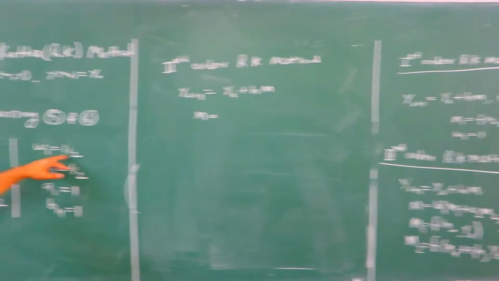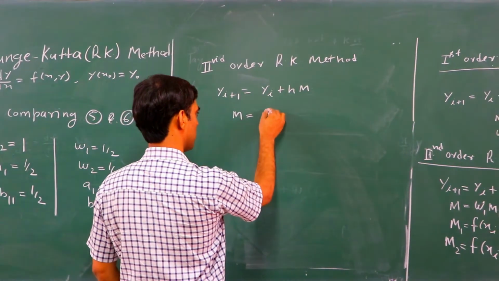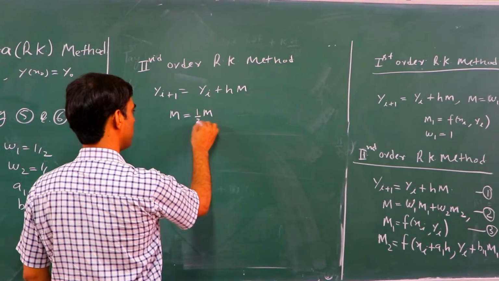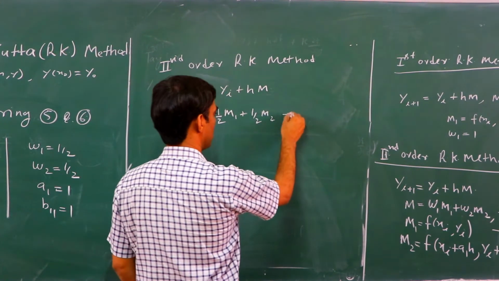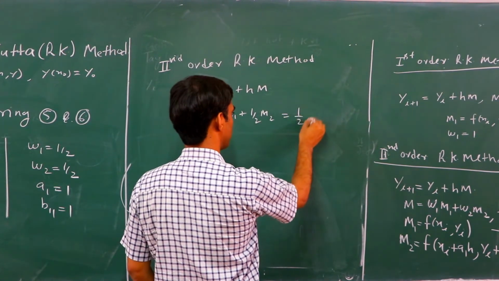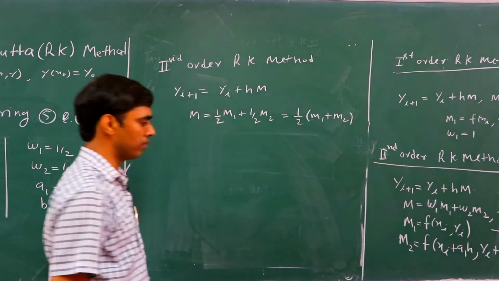What is the value of W1 here? 1 by 2. So 1 by 2 m1 plus 1 by 2 m2, or you may also write this as 1 by 2 times m1 plus m2.